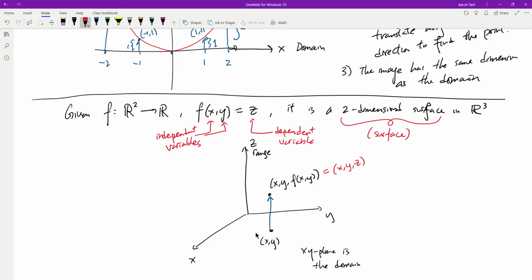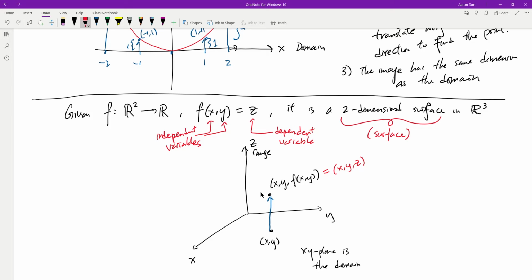And therefore, every single point in the domain will move up or down, technically speaking, or doesn't move, depending on what the output value is, to its new point. So therefore, now it makes sense that the image would be a surface, because technically the xy plane is a surface itself.